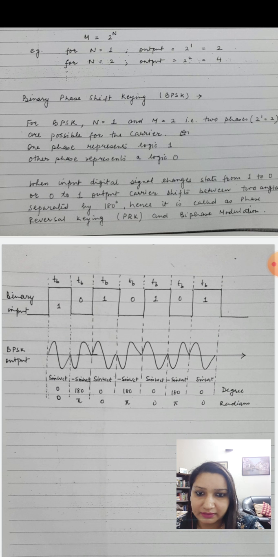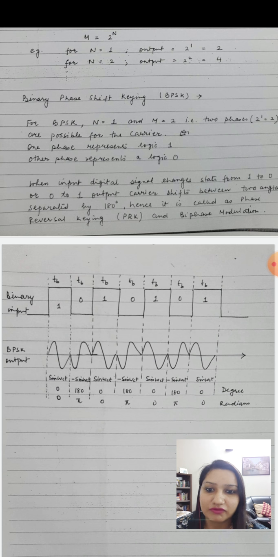Just see the diagram carefully, you will be able to see the shift in the phase of the output according to the change in the digital signal, and that is how you get phase reversal keying or biphase modulation.